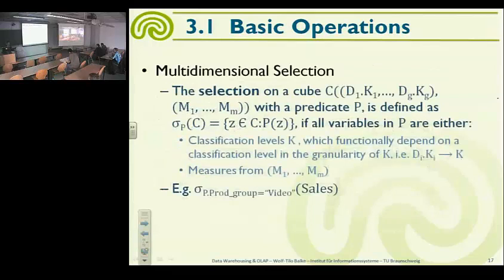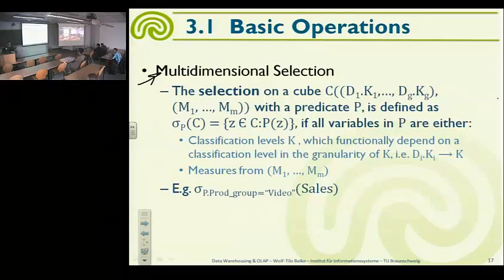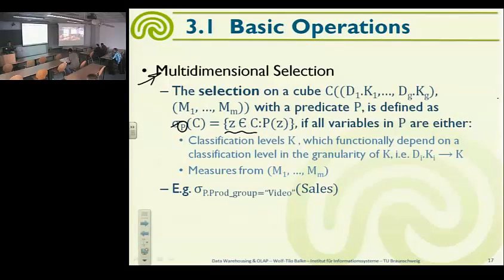So let's look at the first operation, which is the multi-dimensional selection. The selection is usually where you want to select according to a certain condition, according to a certain predicate. So you identify what you want to select according to this condition, predicate P, and in the end, you get all the cells, all these slices or small cubes, that satisfy this predicate.